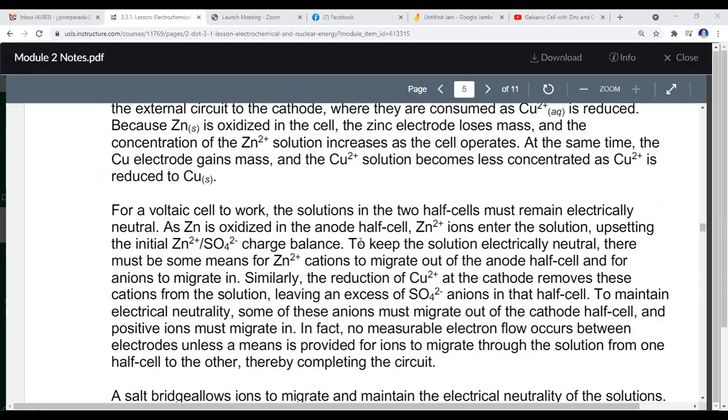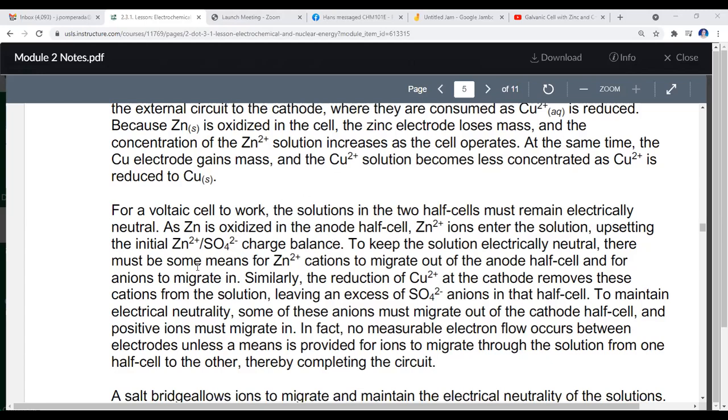As zinc is oxidized in the anode half cell, your zinc 2 plus ions enter the solution, meaning this cation is now transferred into the solution where your zinc metal is dipped, upsetting the initial zinc 2 plus and sulfate balance. So what I said earlier is right, it must be zinc sulfate. Sulfate charge balance. So since the zinc 2 plus cation enters the solution of the anode where your zinc metal is placed, what happens is that the charge balance is already disturbed.